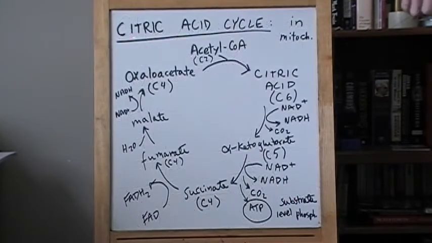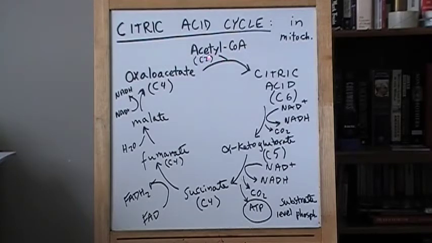The next step is called the citric acid cycle. The citric acid cycle is taking place in the mitochondrion, and it starts out with a 4-carbon compound called oxaloacetate, and to that is added the acetyl-CoA. So the acetyl group of the acetyl-CoA is added to the 4-carbon oxaloacetate.